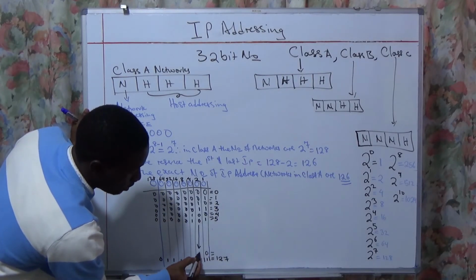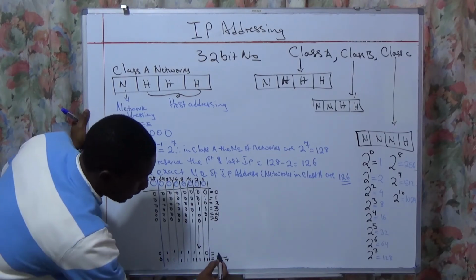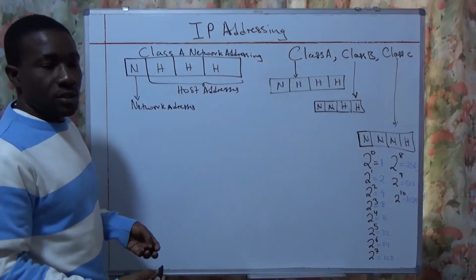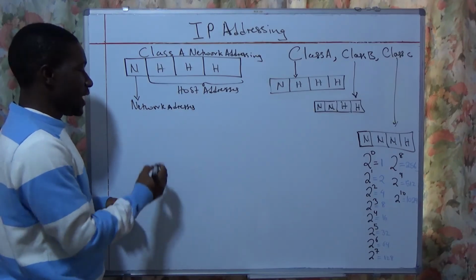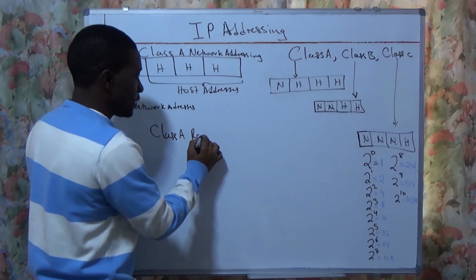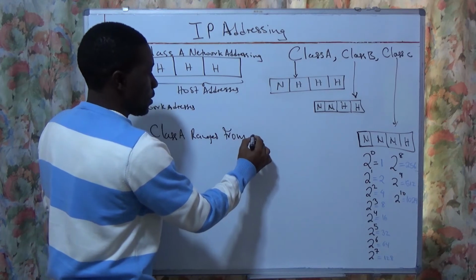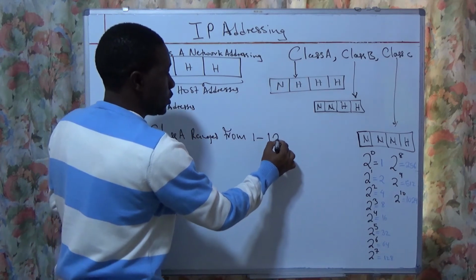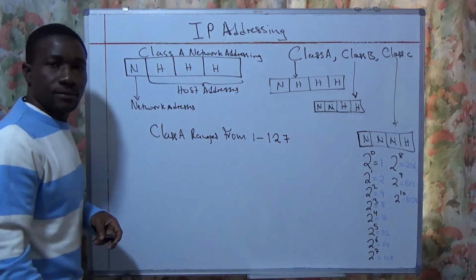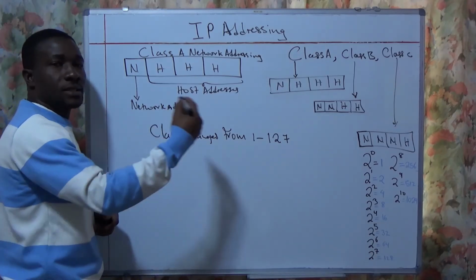It will be 0, 1, 1, 1, 1, 1, 1, 0, and this will be 126. From our computation, we have seen that class A ranges from 1 to 127. All right? Now, let's see class B.